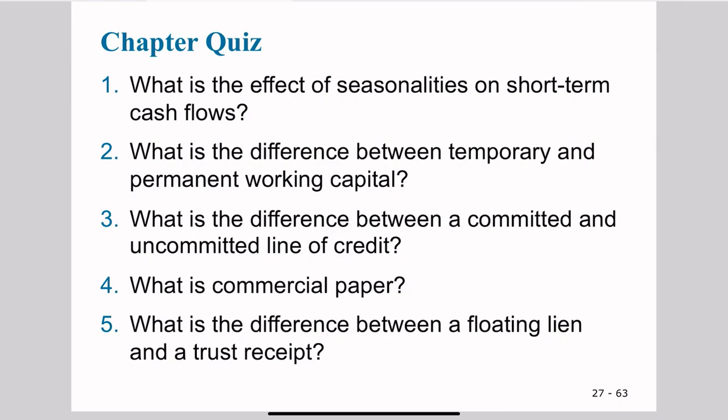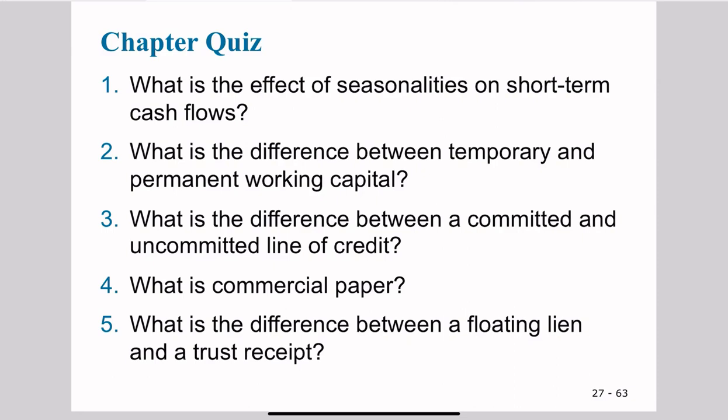So what is the difference between temporary and permanent working capital? First, what is permanent working capital? It basically means that you have to maintain the minimum amount of working capital if you want to continue your firm's operation, right? So this minimum amount is called permanent working capital because you have to permanently maintain that level.